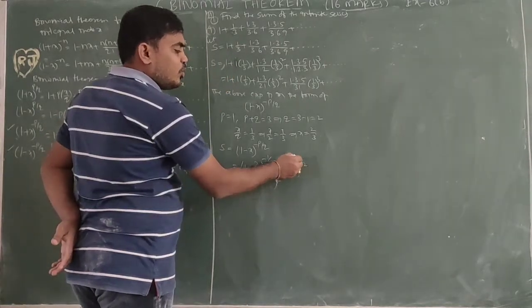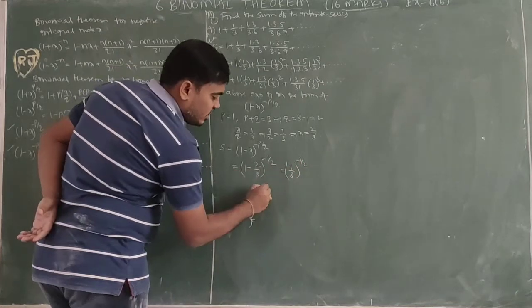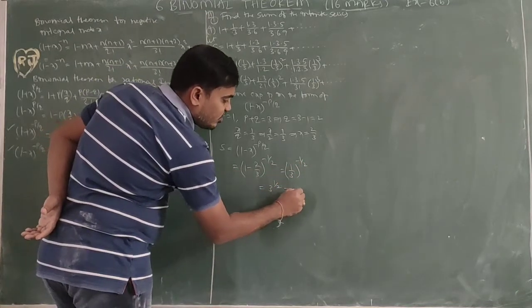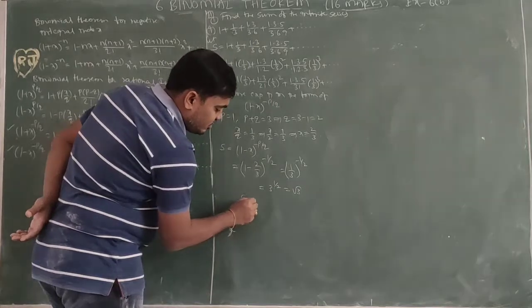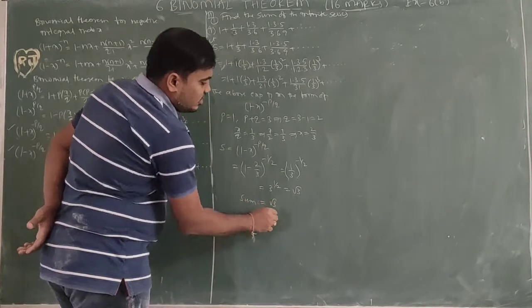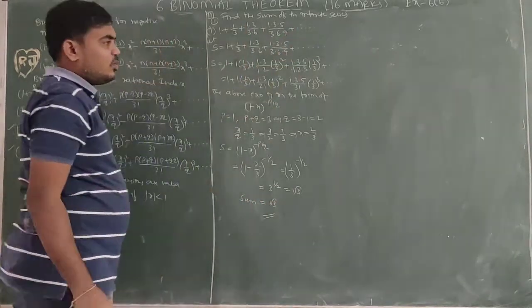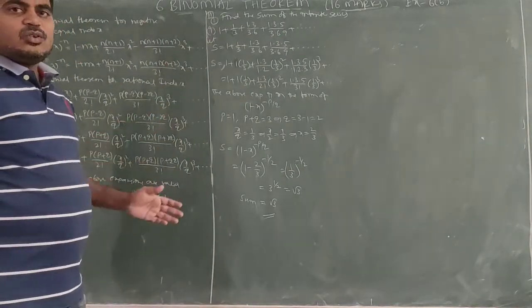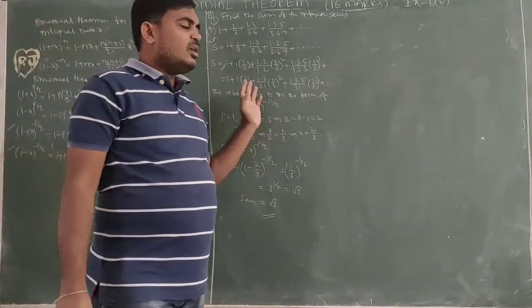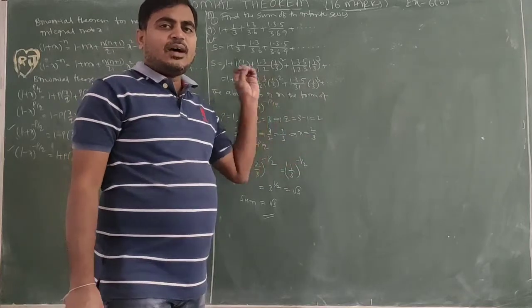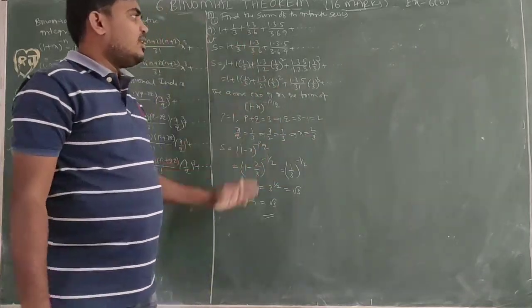The power is negative, so to make it positive take the reciprocal: 3 power 1 by 2 equal to root 3. The required sum is equal to root 3. So this is the solution, and complete all the problems in this exercise like this.